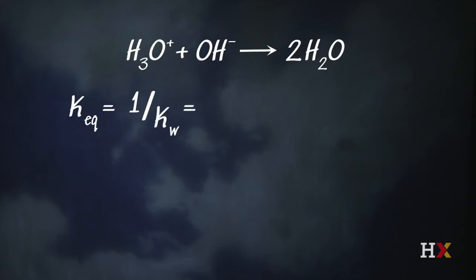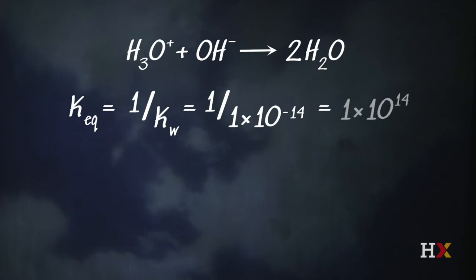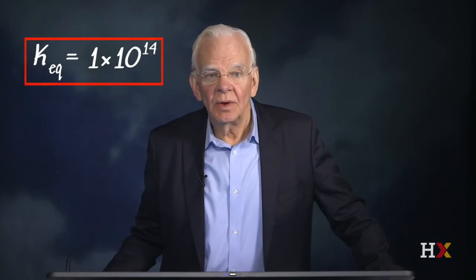That means that I have 1 over 1 times 10 to the minus 14, and that's equal to 1 times 10 to the plus 14. That's a huge number. This is a very large equilibrium constant.